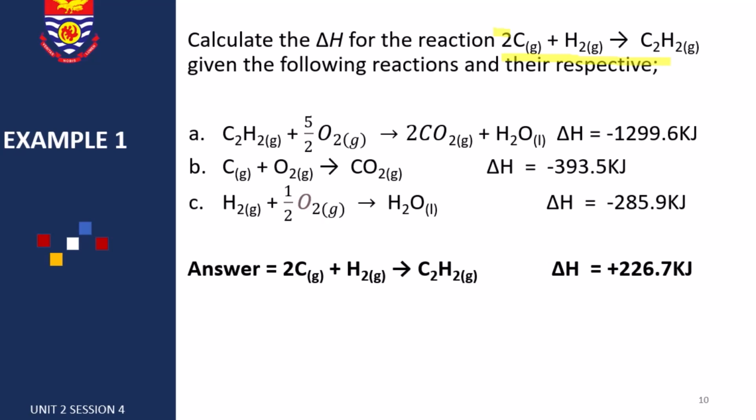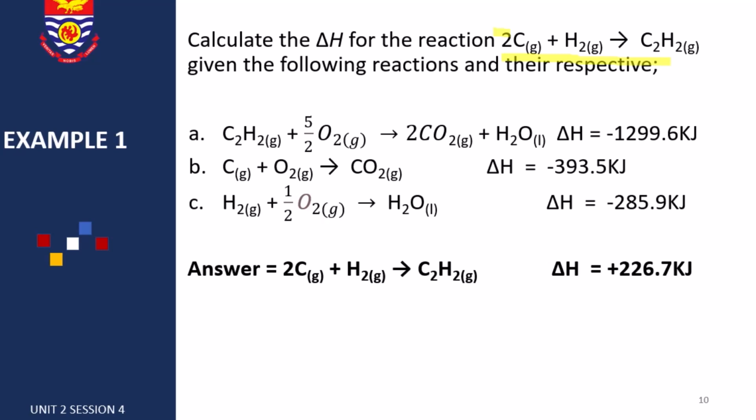So if you are multiplying this equation by 2, then the enthalpy change of this reaction is going to be multiplied by 2. If I am dividing it by 2, then the enthalpy change will divide by 2. So note that whatever you do when you multiply the reaction, the enthalpy change also is affected. When you reverse the equation as well, then the sign of the enthalpy also changes.